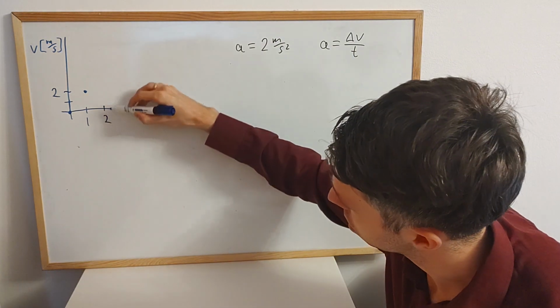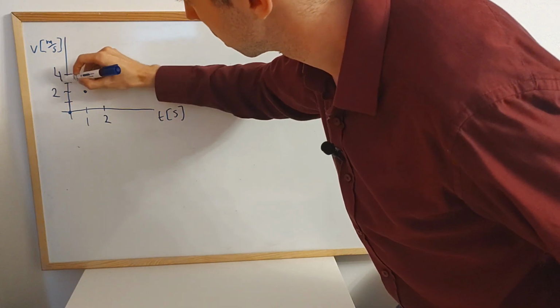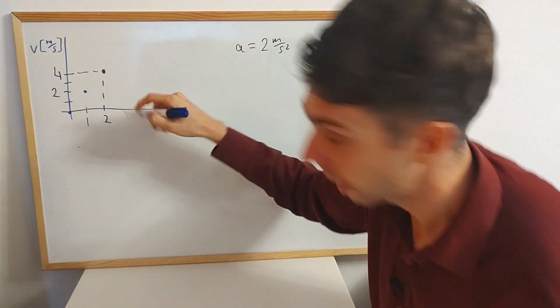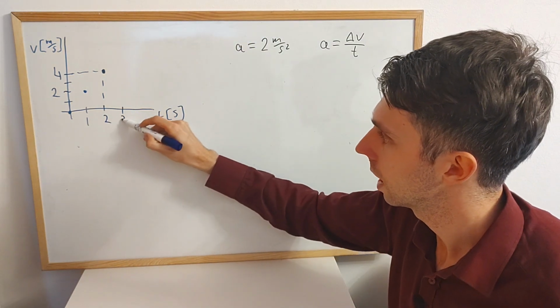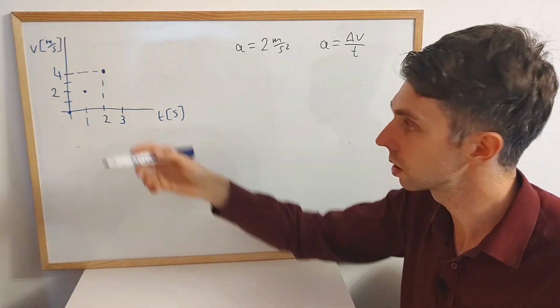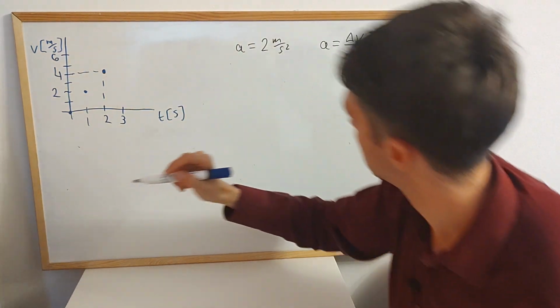So after 2 seconds, the speed will be 4 meters per second. After another second, again 2 meters. So in total, it will be 6 meters per second.